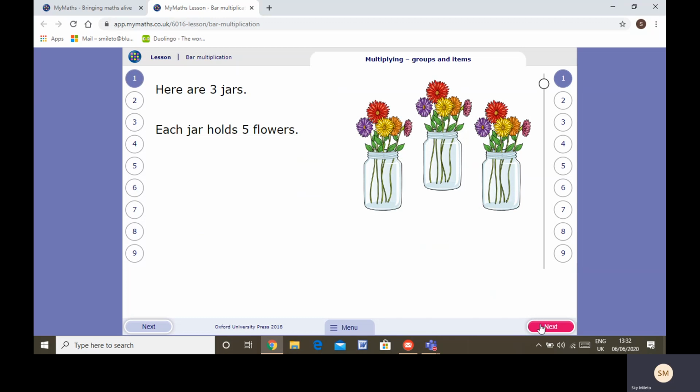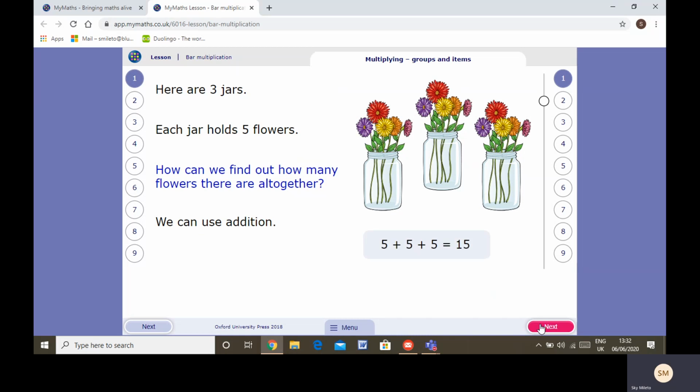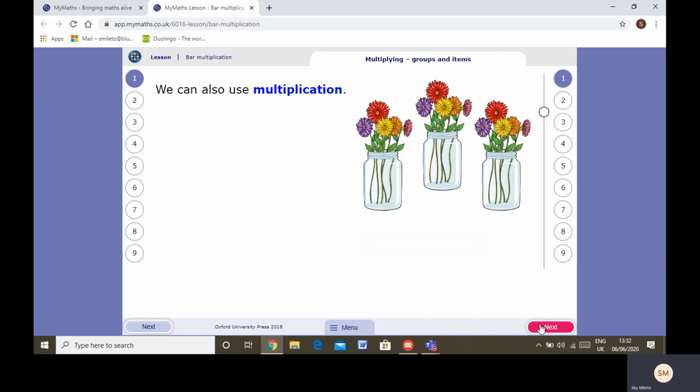So here are 3 jars. In each jar we can see there are 5 flowers. So we've got 3 jars and 5 flowers. It says we can find out how many flowers there are. 5 plus 5 plus 5, and we know that means there are 15 flowers. However, we can also use multiplication.